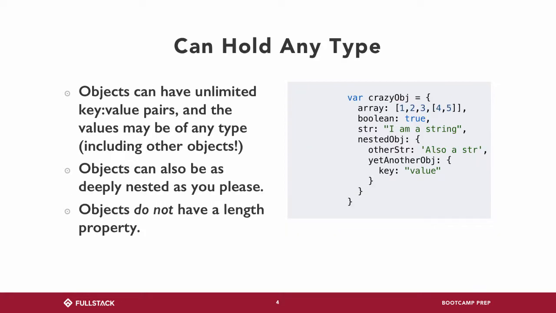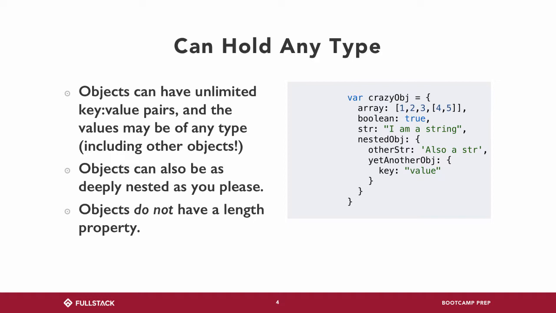Yeah, it can hold any type. So in this one, it's a nested object, and this object is the value. Here's a string, here's a Boolean. The key is a string. This value is an array. So objects are super useful because you can store any data types in there, as many of them as you want, and it can be as nested as you want.